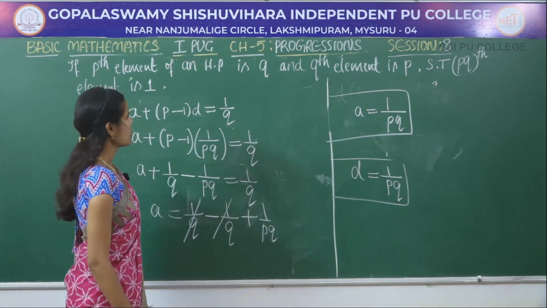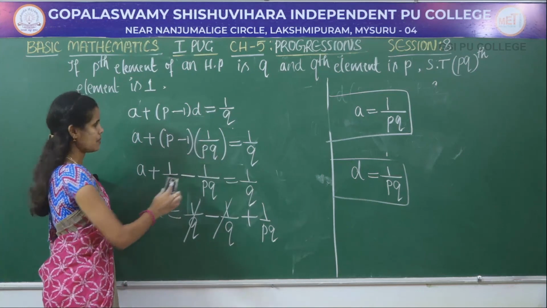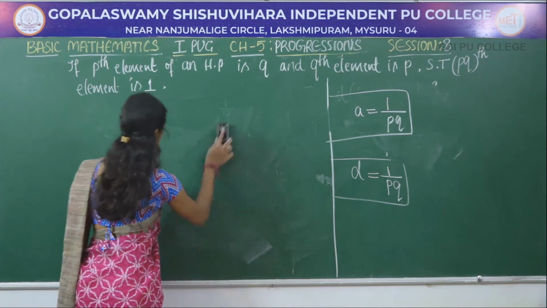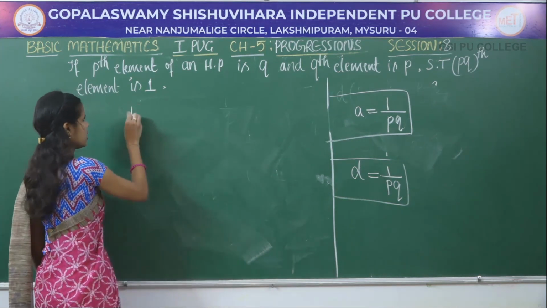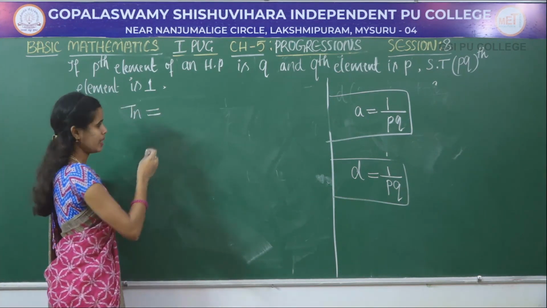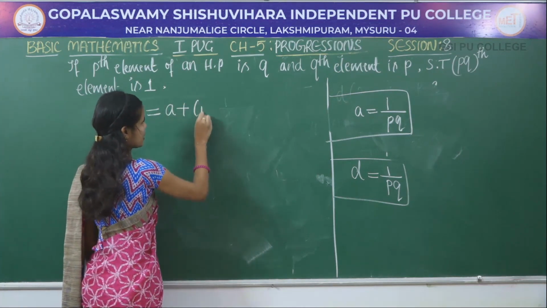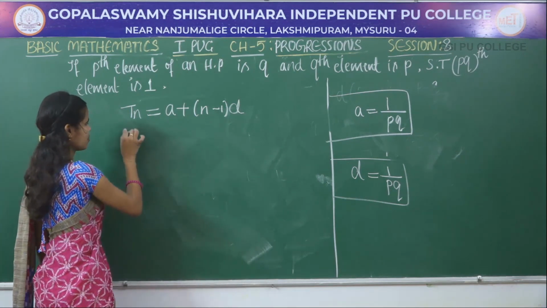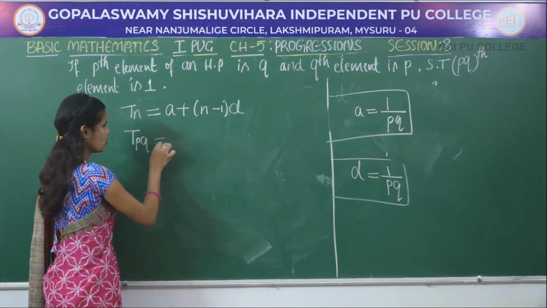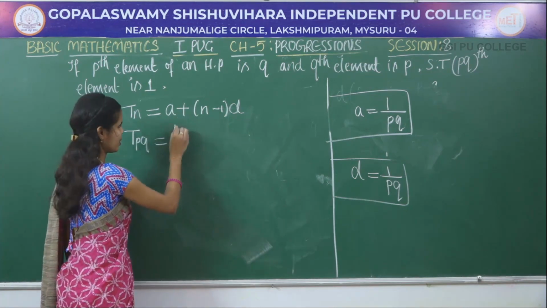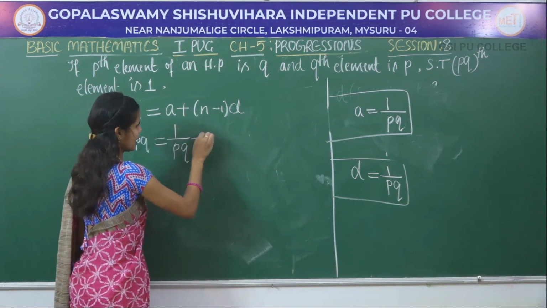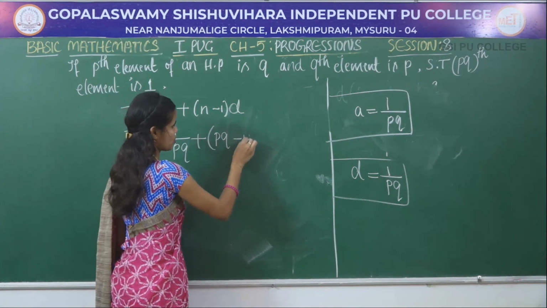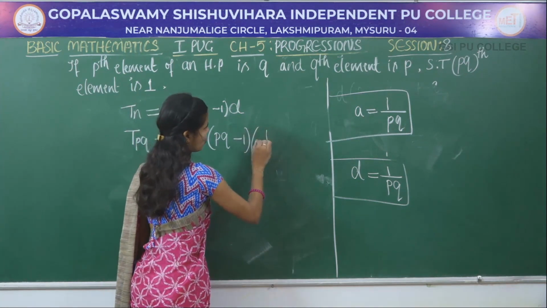Next, find the pqth element in AP. We know that the nth element in AP is defined as a plus (n minus 1) into d. We want the pqth element, so n is equal to pq. So a means 1 by pq, plus (pq minus 1) into d, where d means 1 by pq.